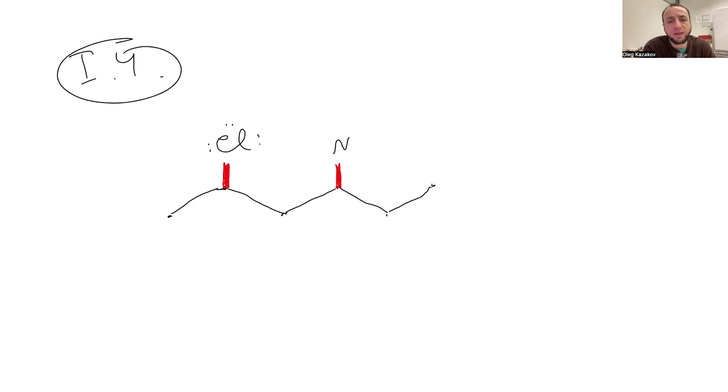And then we must attach two more hydrogens to make an amino group. The nitrogen in the amino group will be similar to the nitrogen in ammonia, and this nitrogen will also have two electrons in the form of a lone pair. So chlorine will have 1, 2, 1, 2, 1, 2, so 3 lone pairs, and 1 lone pair on the nitrogen, right?